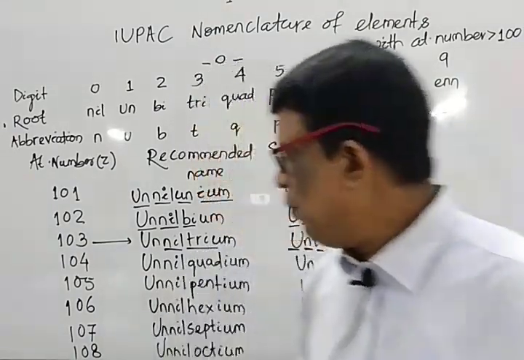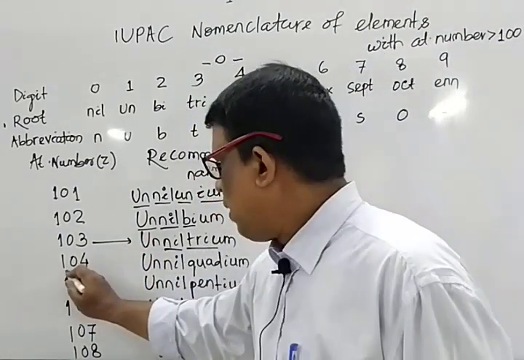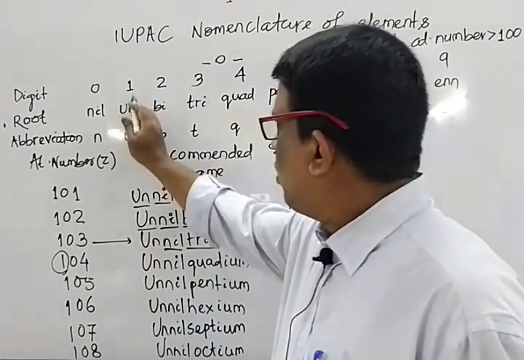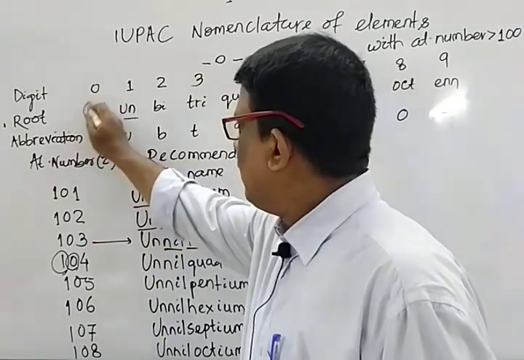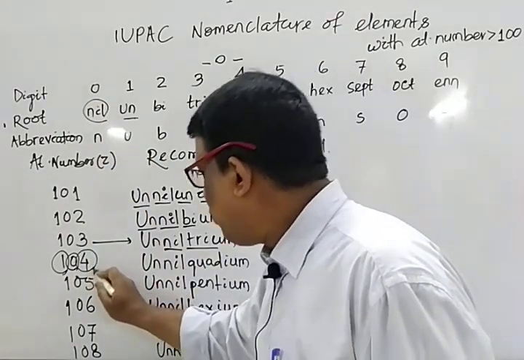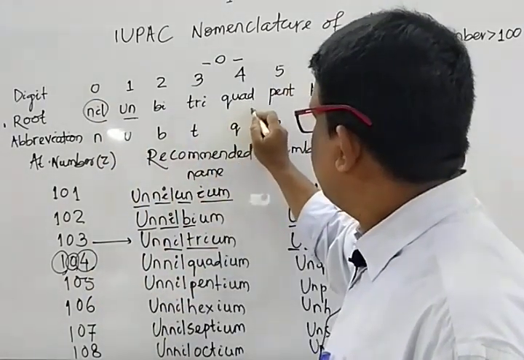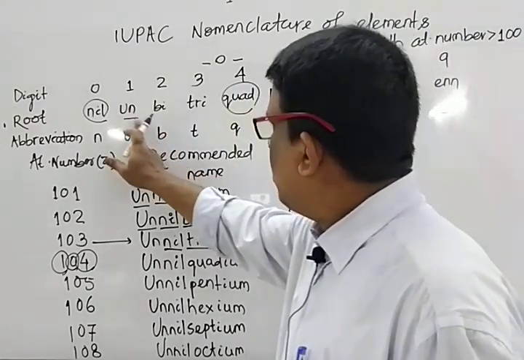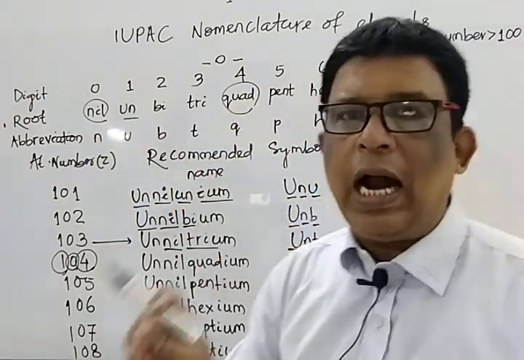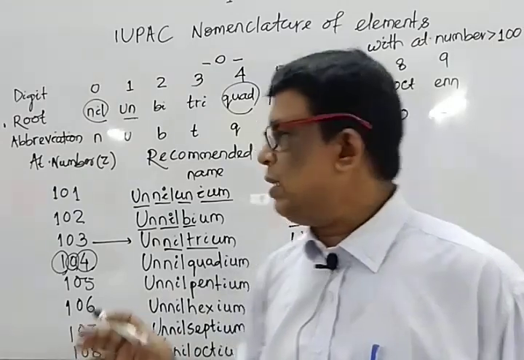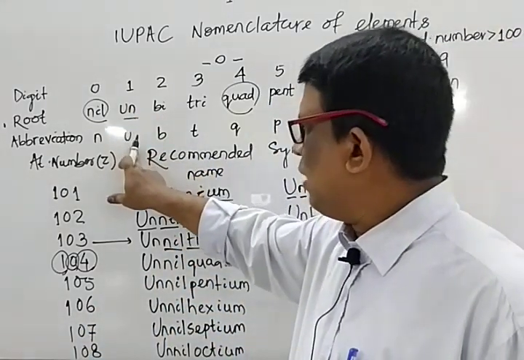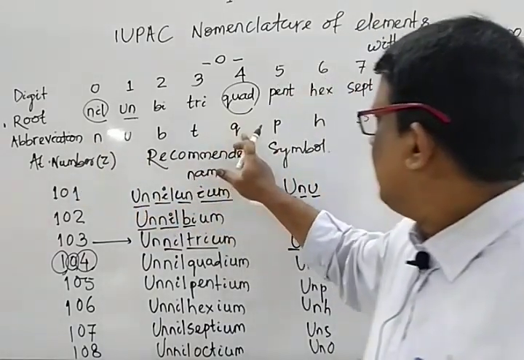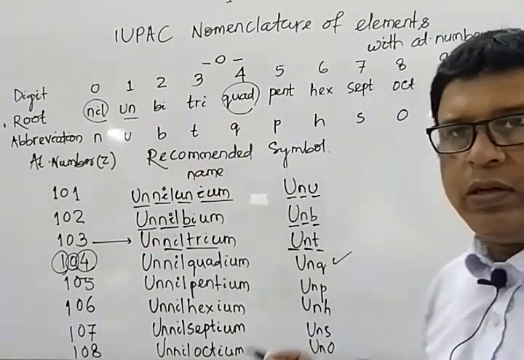It is easy. I repeat again. For 1 we write un, then for 0 we write nil, for 4 we write quad. So unnilquad, then add ium. It is the recommended name and symbol. For 1 it is capital U, next N, next Q: UNQ.